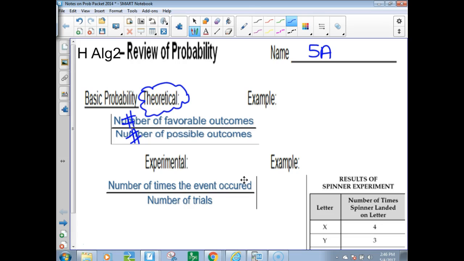Now, an example: spinning a spinner with the entire alphabet on it, and getting a C. That'd be 1 out of 26, theoretically.